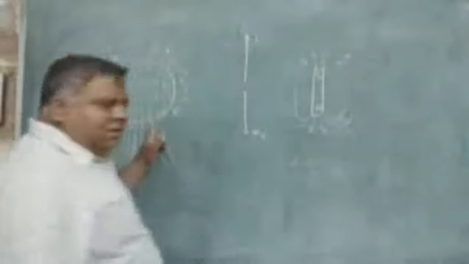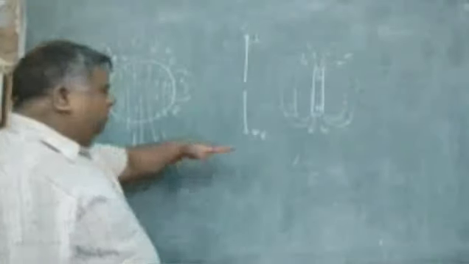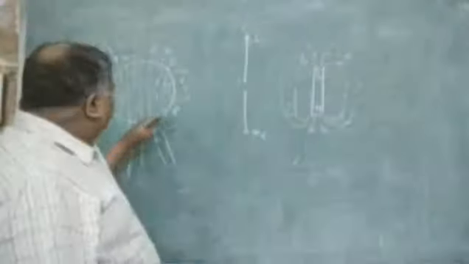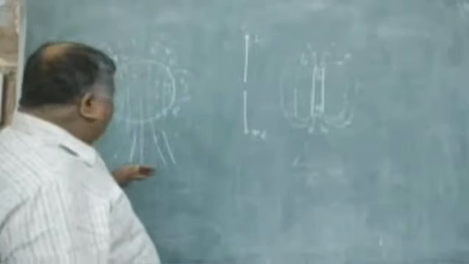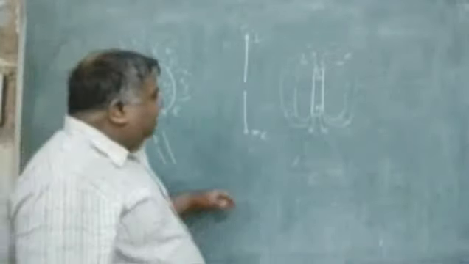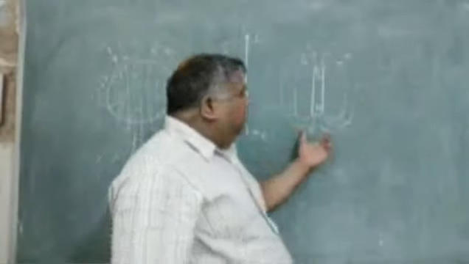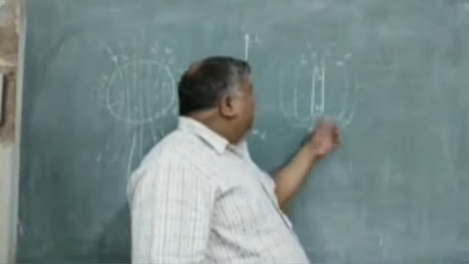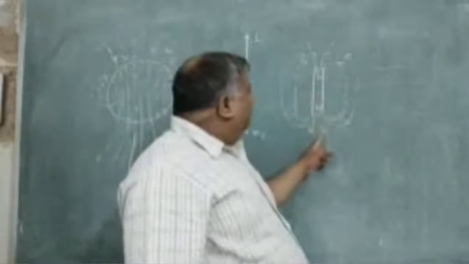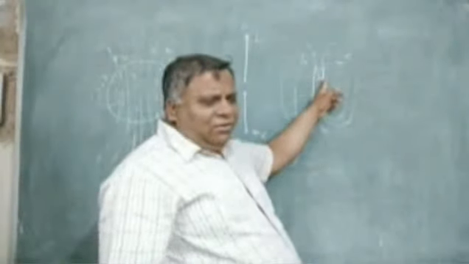So this is the orbit of an electron. The electron is moving in a plane orbit. The magnetic field of this loop is shown here. The magnetic field is equivalent to the magnetic field of this magnetic dipole, which is a magnet. One pole is here, another pole is here, so it is a dipole.